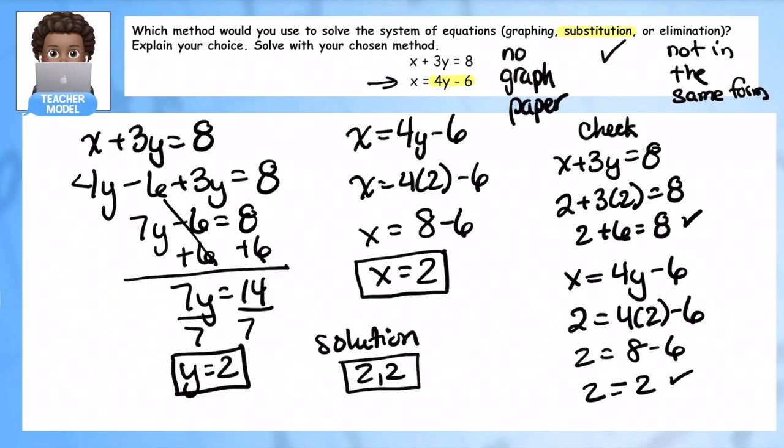And 2, 2 works for the second equation. I think the biggest takeaway for me is I'm just looking for the path of least resistance, which is the one that can get me to the answer in the least amount of steps. And of course, that's my logic and thinking. But if you have a strategy that you feel the most confident in and that makes you more fluent, then by all means you can solve any system of equations with any strategy.